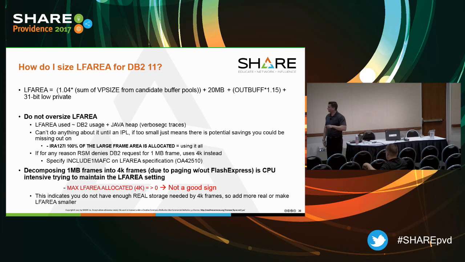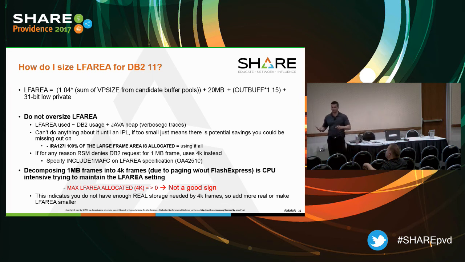So this is my calculation for how to size LFAREA. Based on DB2, 1.04 times the control blocks, of all the VP size, plus a little SWAG, plus OUTBUFF, and then whatever is 31-bit low private. So that together is the max we're going to use. If you undersize it, you've left a little bit of savings on the table. If you oversize it and you run short on real storage, you're in deep duty, right?